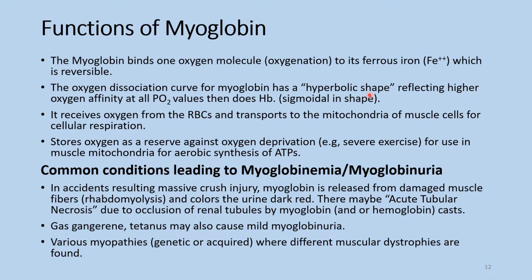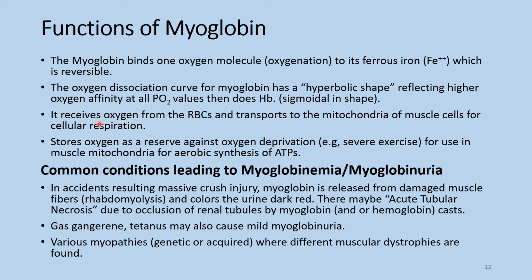This hyperbolic shape reflects higher oxygen affinity at all PO2s. When the partial pressure of oxygen is low or even high, in both conditions the oxygen affinity for myoglobin is high and the binding or association of oxygen to myoglobin takes place.